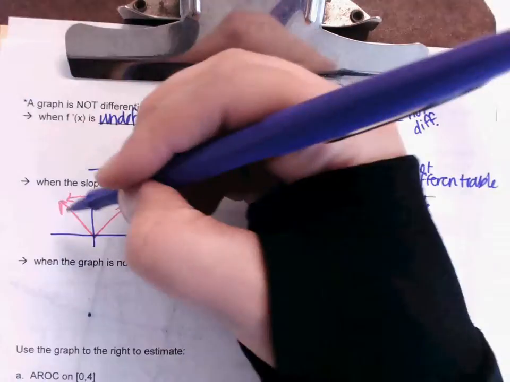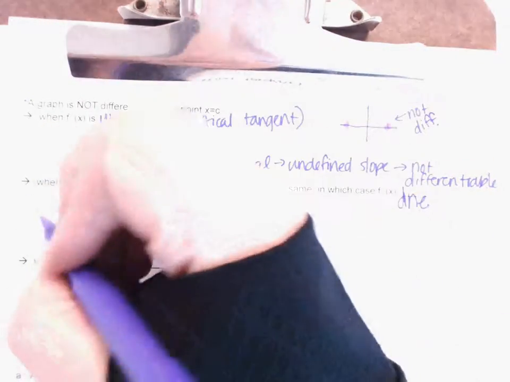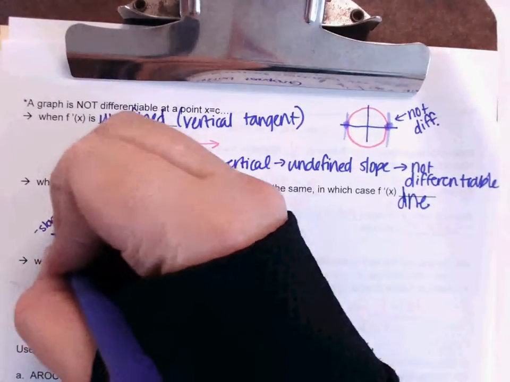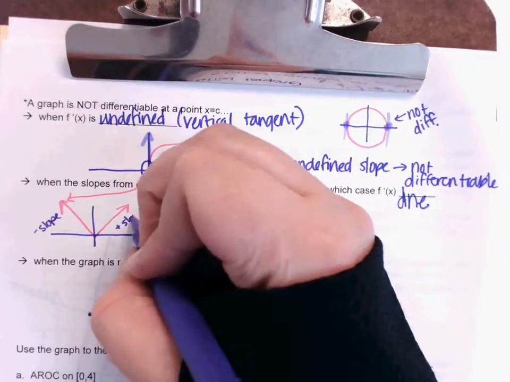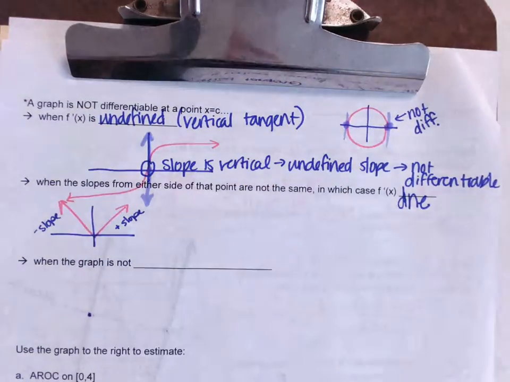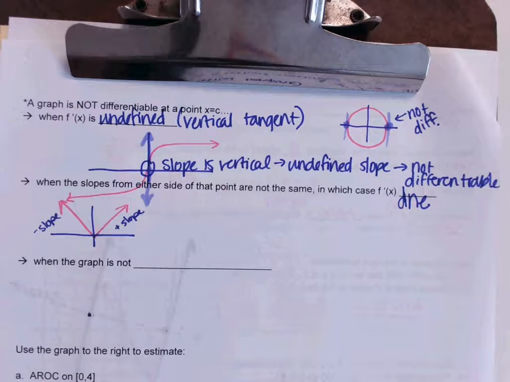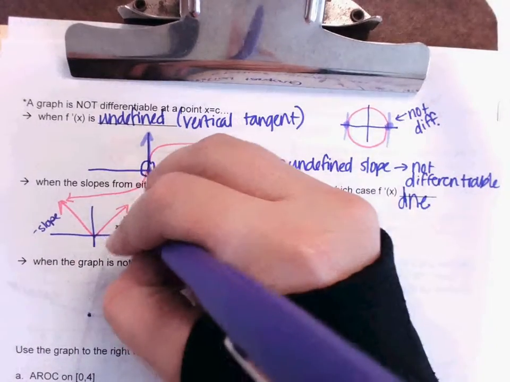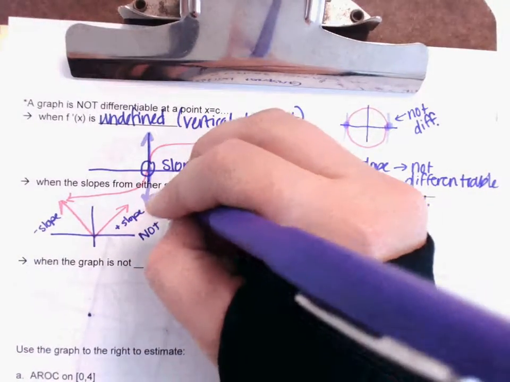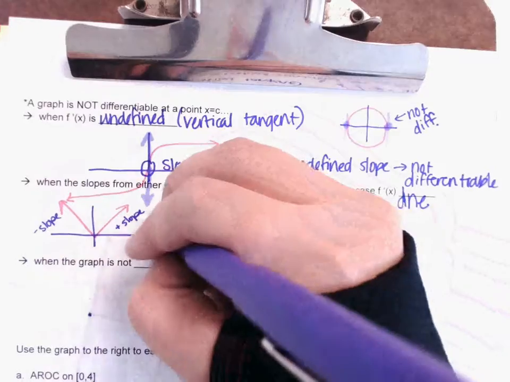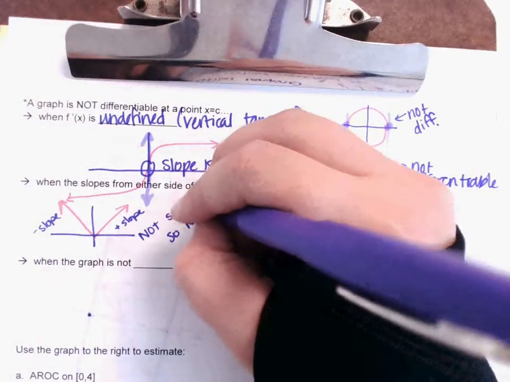On this side, my slope is negative. On this side, I have a positive slope. So there's no way for me to fit a line on that where it's going to perfectly lay against the curve. Your graph has to be smooth for you to draw a tangent line. So I'm going to put here, not smooth, so no tangent line.